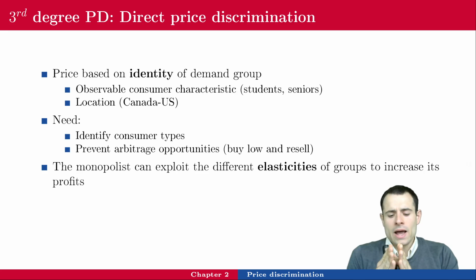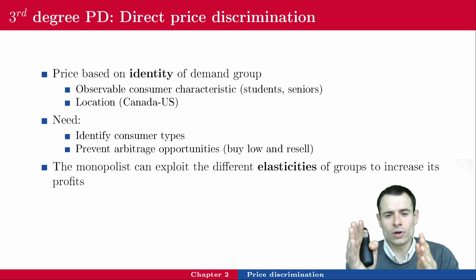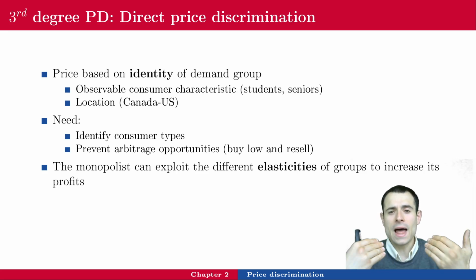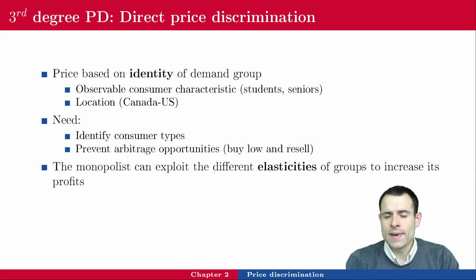So by distinguishing different demand groups, the monopolist can pretty much apply the inverse elasticity rule to each of them separately. By proposing lower prices to a demand group with a higher elasticity of demand, like students, the firm will be able to sell higher quantities and increase its profits.